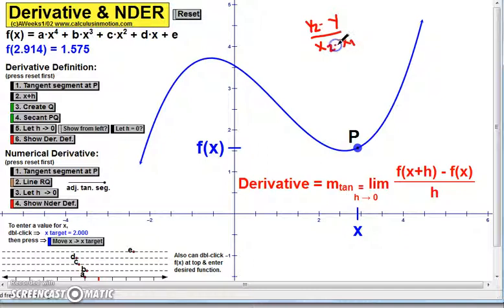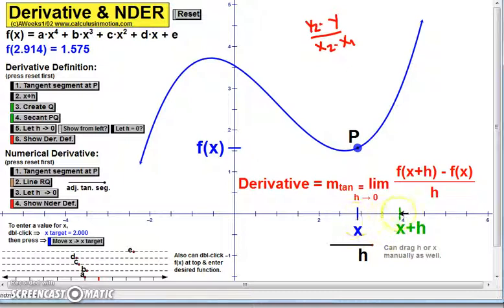So where this is coming from with the x plus h and all of that stuff is we have some value x right here. And that's going to have its f of x value, its y value right here. And that's going to give us some point P. So what we can do is create another point that's not just x away from the origin, but has an x value of x plus h.